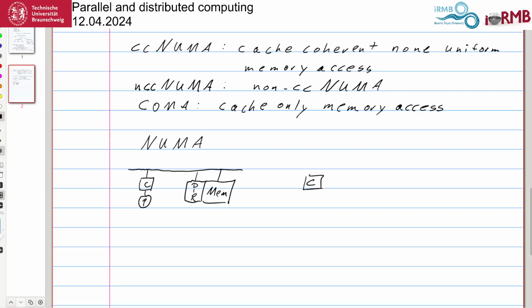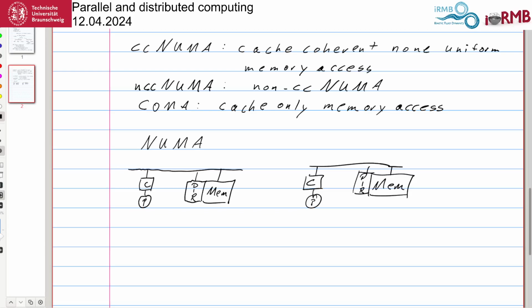So say we have another computer with cache and with memory. And there is, of course, another directory, and there is a bus.